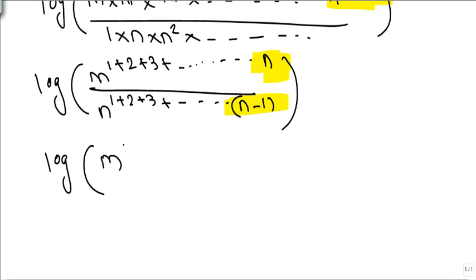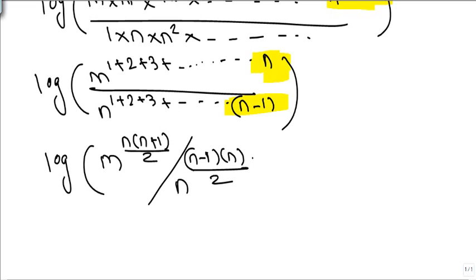M raised to 1 plus 2 plus 3 up to n, what is it? n into n plus 1 upon 2, and this part divided by n, 1 plus 2 plus 3 up to n, but the value of n here is n minus 1 plus 1 upon 2.